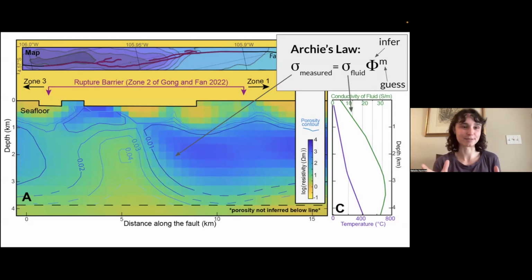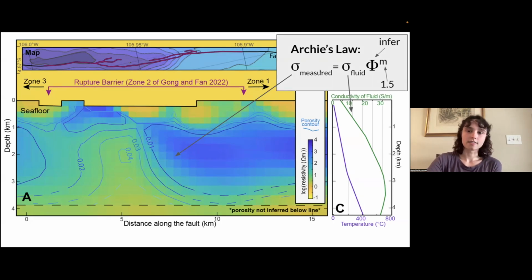We kind of have to make a guess for this value. But we know that typically in natural rocks, m ranges from 1.3 to 2.5 or so. And we chose to use a value of 1.5, which represents relatively well-connected pores for a couple of reasons. One, we're in a fault zone, so the crust is likely fractured, which tends to increase connectivity. And two, choosing a well-connected value gives us a conservative estimate for fluid content.